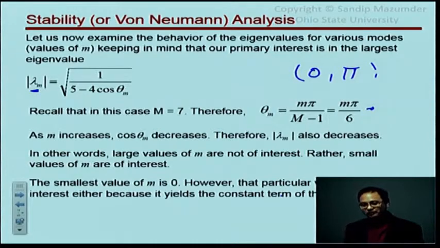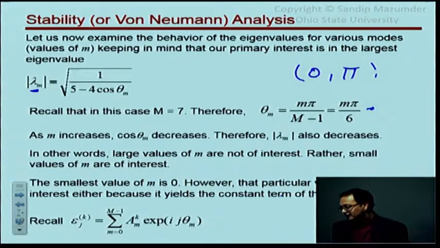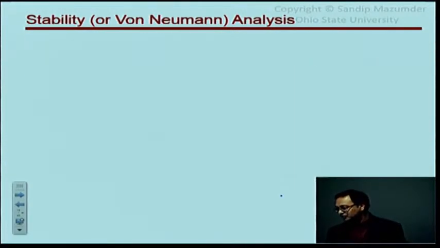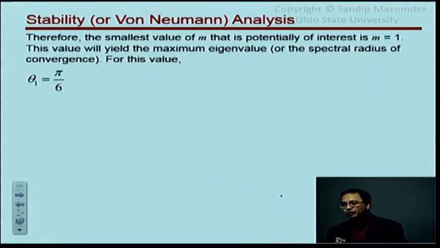We start with the constant. So the first wave corresponding to m equal to 0 is a constant. It cannot grow or decay at all. So I've put this expression here just for you to see. If theta m is equal to 0, then nothing really happens. You just get the constant. So therefore the one that's of interest is m equal to 1.